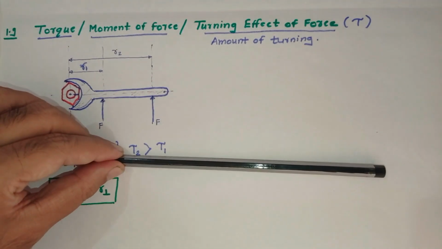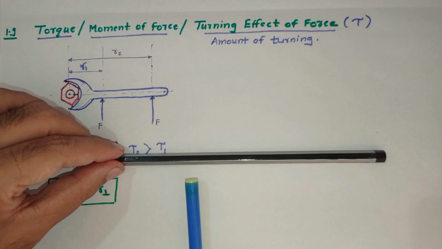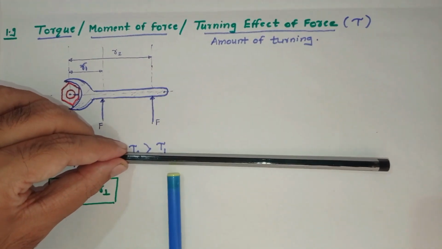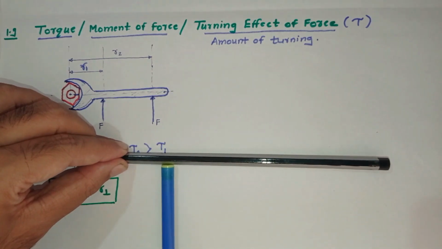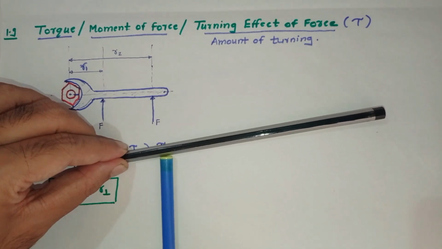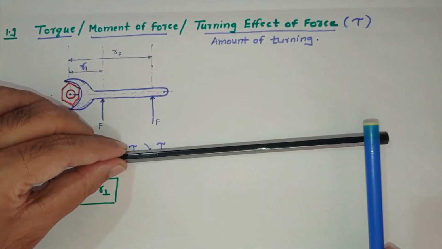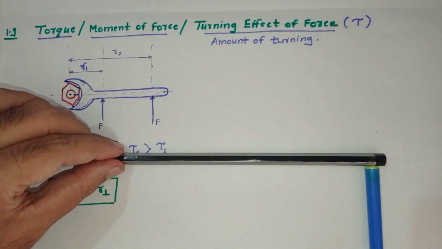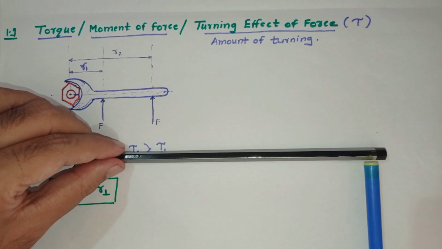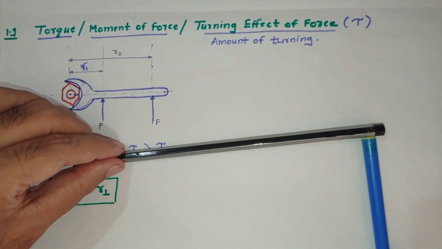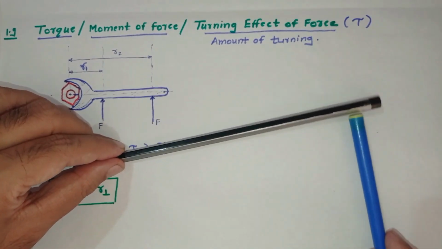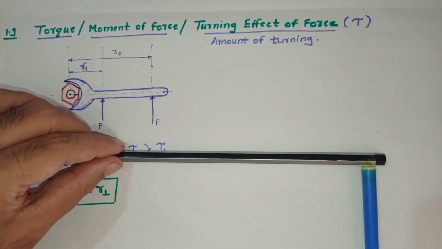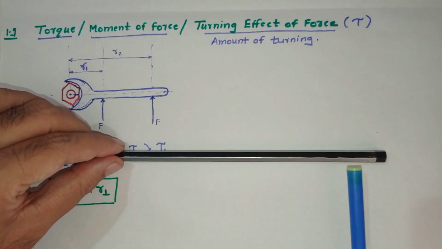So if I apply a force at a smaller distance from this pivoted point, then a larger force is required to rotate this rod. If I apply the force at this end, then a smaller force is required to rotate this or to produce the turning effect. Because if I apply the force at this point, then torque will be larger. Torque is force into this distance.